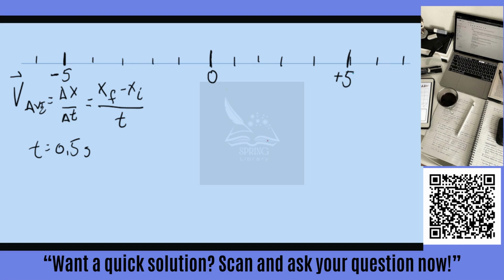The first one starts out at positive 2, so I'm going to put that down as A initial. And its final position is 6, which is A final. In looking at the velocity for A, we are going to take its final position of 6 and subtract its initial position of 2.